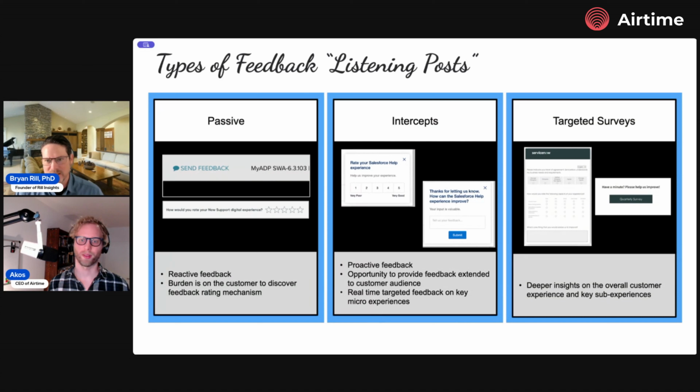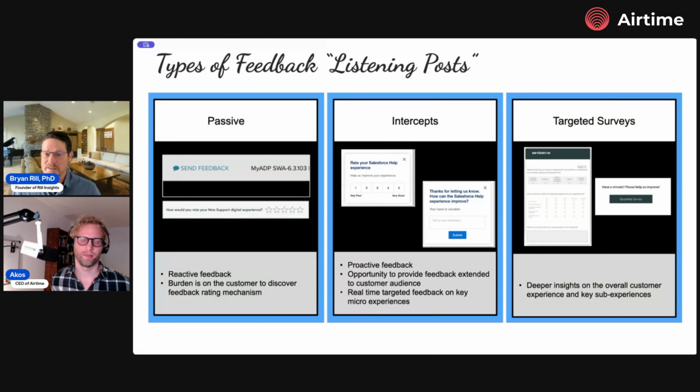And that's where things like intercepts and targeted surveys help. An intercept is what we were just talking about with Airtime, where it is in their product experience. It is proactive feedback in the sense that it pops up based upon a set of criteria that you create, and it can happen at any moment. So people are happy, sad, in any state of mind.